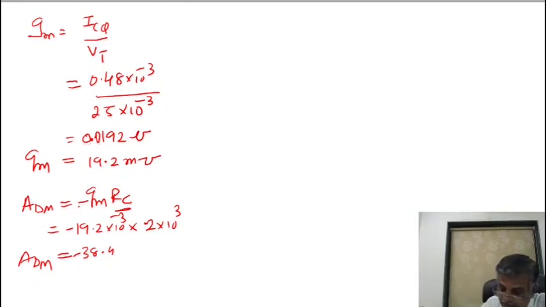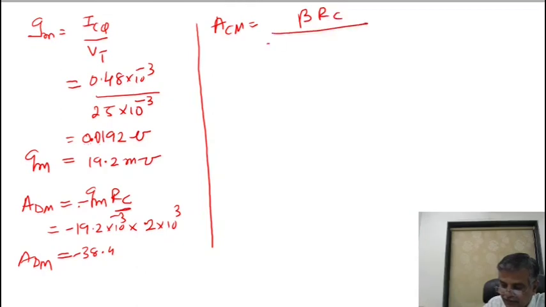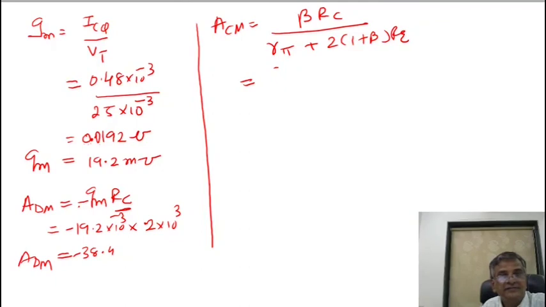Now, to calculate your ACM, what is the formula? Beta RC upon R pi plus 2 into 1 plus beta into RE. But I do not have the value of R pi. They are not given. So you study this equation. Beta upon input resistance is called GM.